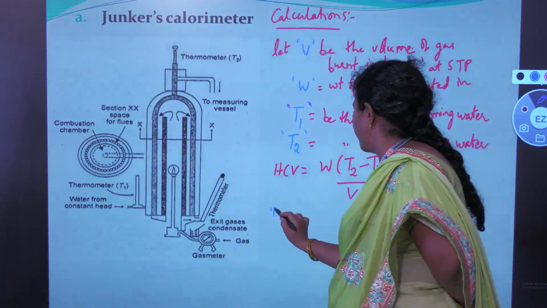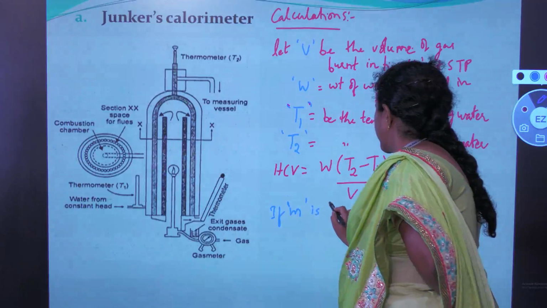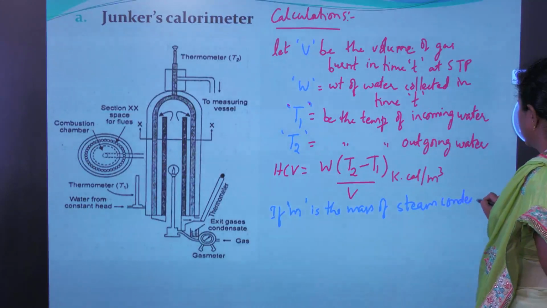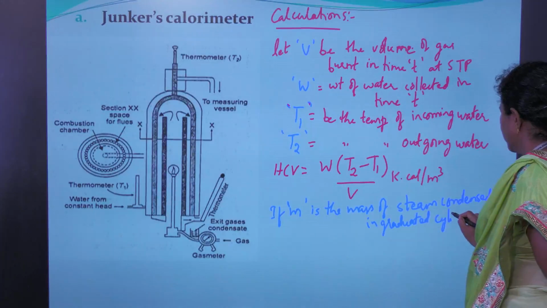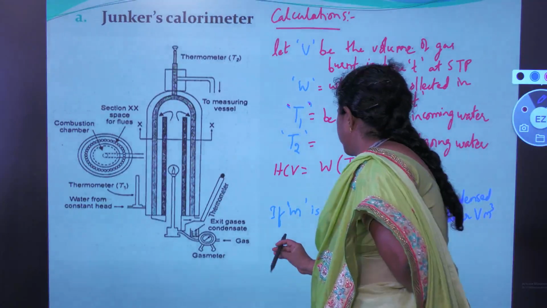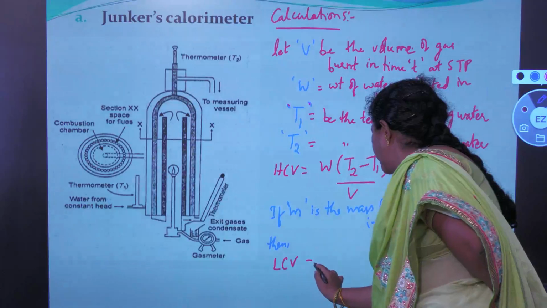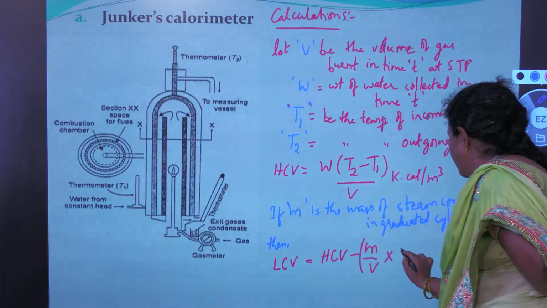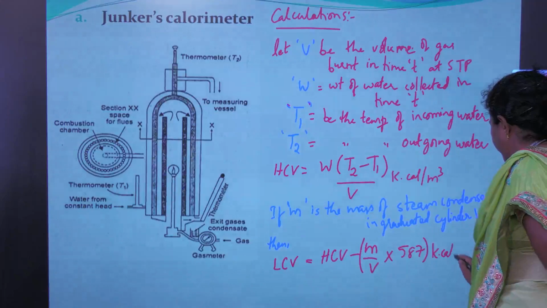Suppose if M is the mass of steam condensed in graduated cylinder, that means V meter cube, then LCV can be calculated using the formula LCV is equal to HCV minus M by V into latent heat of steam, that is 587 kilocalorie per meter cube.